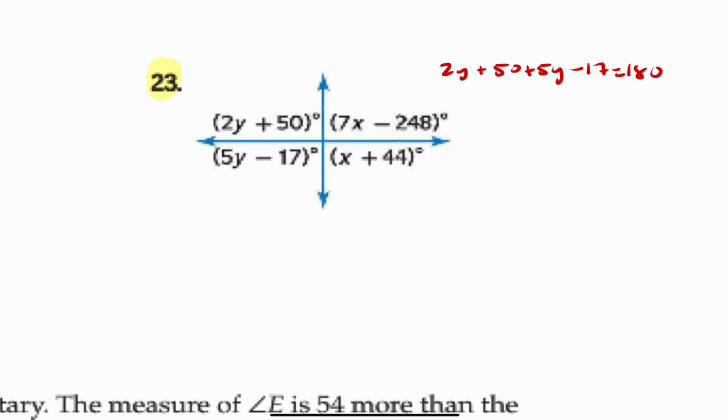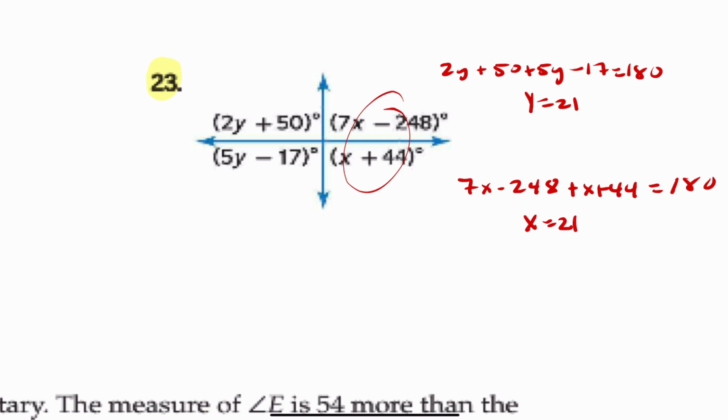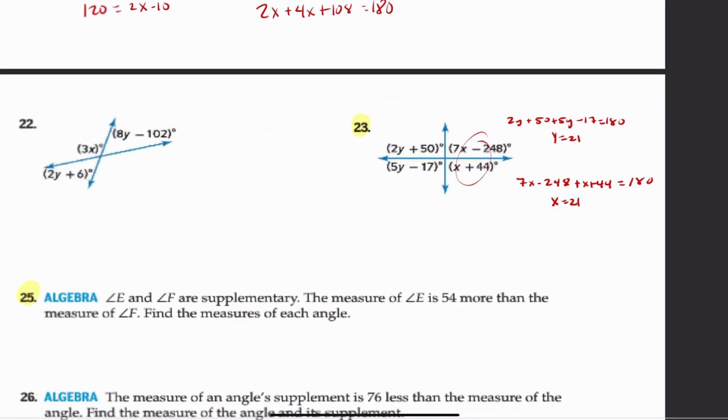Well, y is equal to 21. Then I take these two and do the same thing, because those are supplementary, or specifically they are a linear pair. So that is x equals 21, okay? And you're gonna show your work for those two.